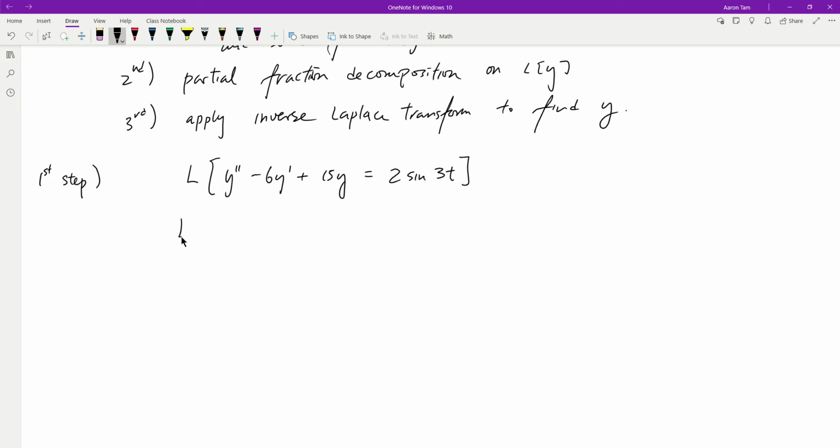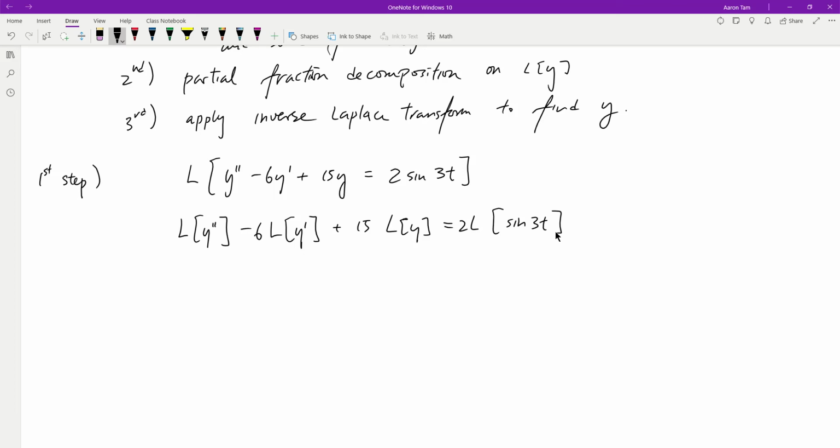So I'm doing Laplace transform of y double prime minus 6 Laplace transform of y prime plus 15 Laplace transform of y equal to Laplace transform of 2, actually, maybe I'll pull out the 2, to Laplace transform of sine 3t. So Laplace transform of y will stay. And the key is, what is 2 times Laplace transform of sine 3t?